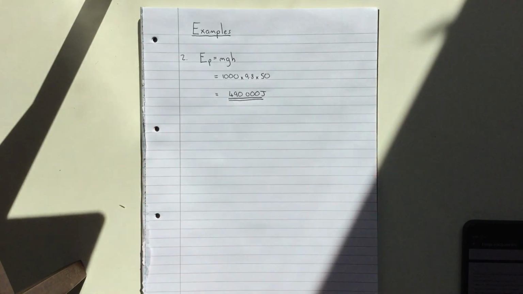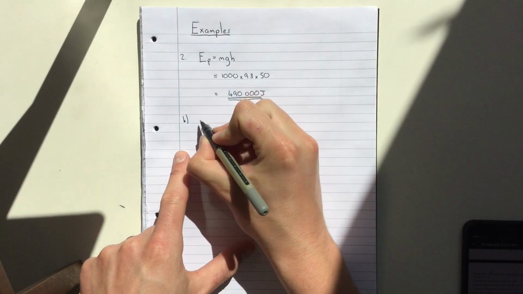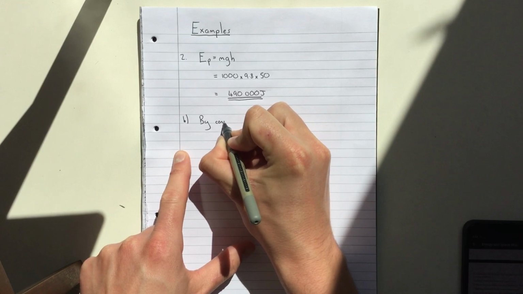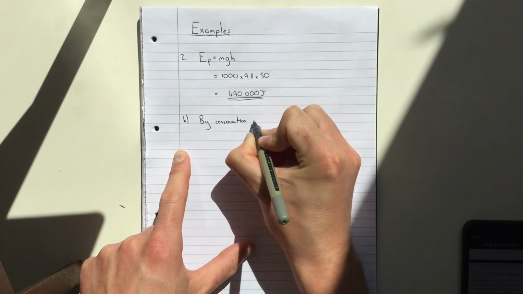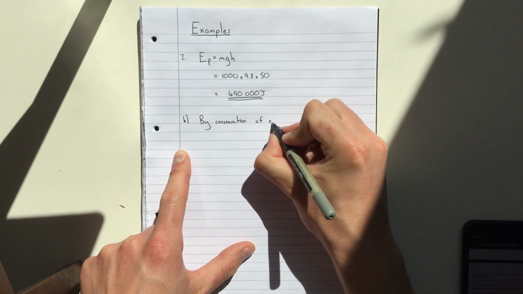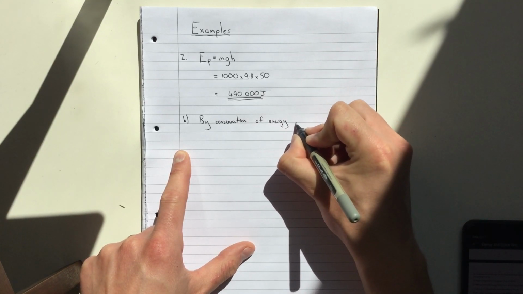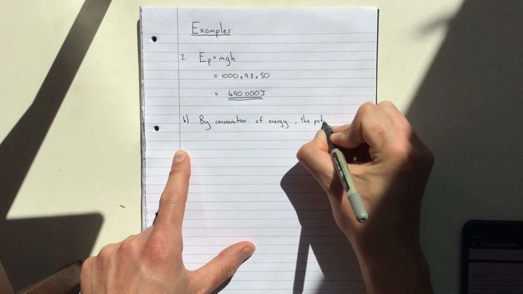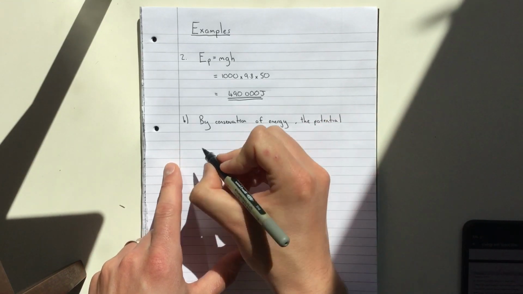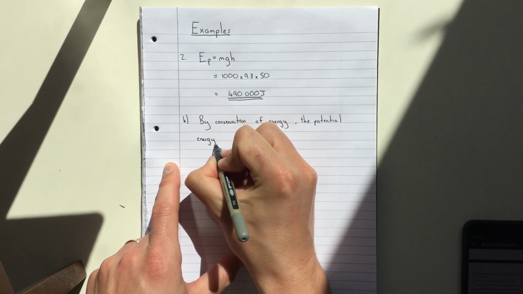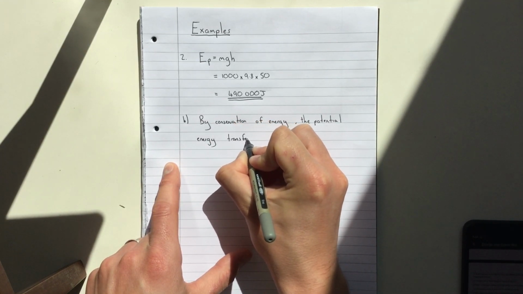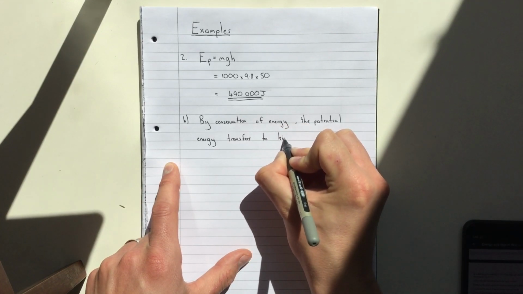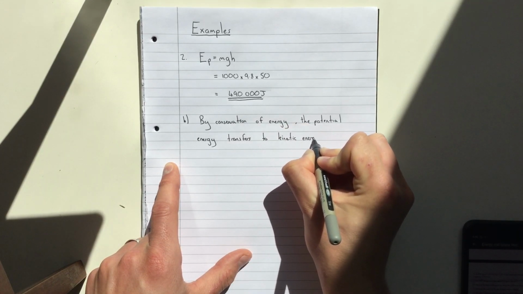Okay, 490,000 joules. Now, B says, what is the kinetic energy of the car at the bottom of the hill? Well, it's exactly the same kind of question we looked at in the first example. And we just say, by conservation of energy, the potential energy transfers to kinetic energy.